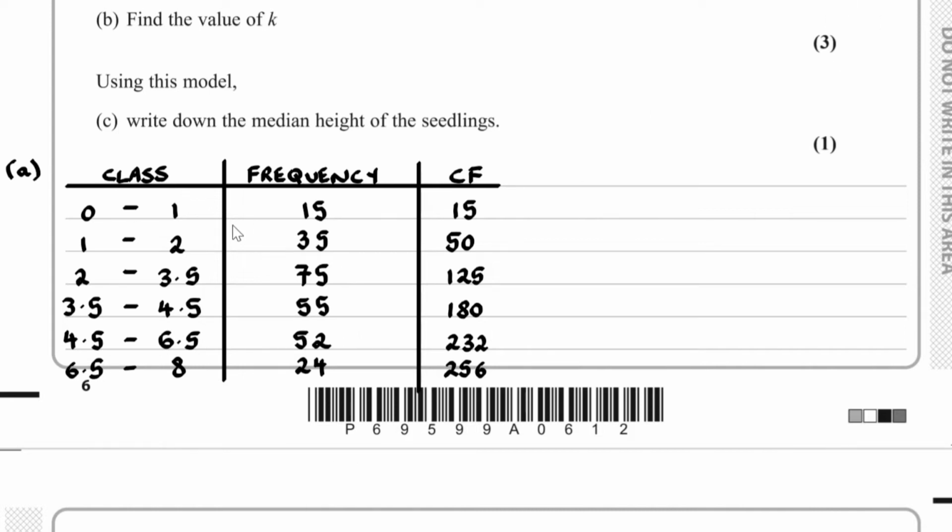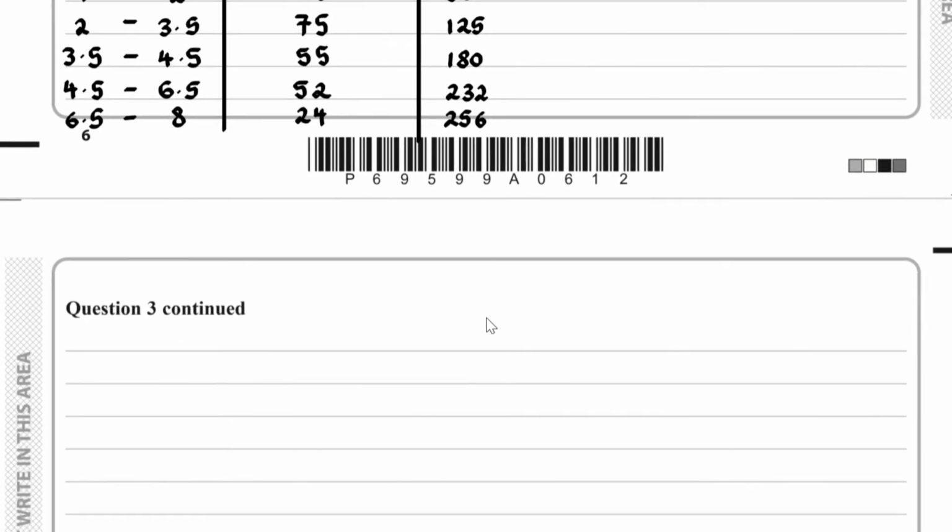We can now use linear interpolation to help us find out the median. Well, we've got 256 pieces of data, and because we are finding the median, what we would have to do is 256 divided by 2, which is equal to 128.